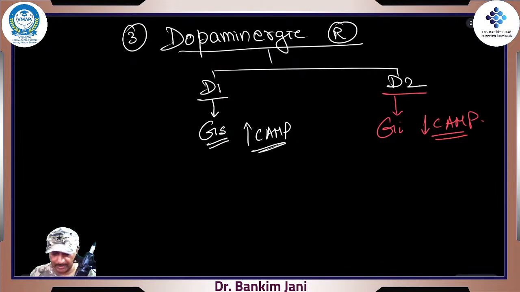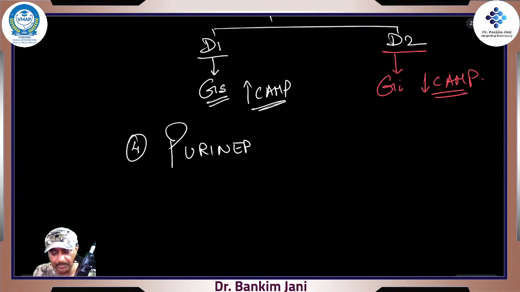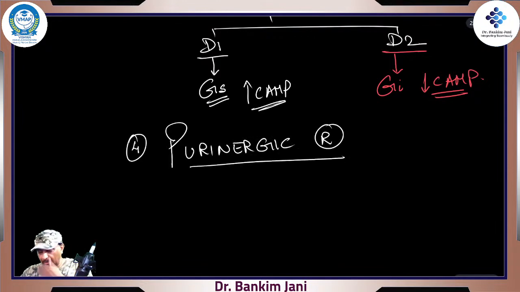And the last one is what is called purinergic receptors, right? These are also called purinoceptors, combining the words. Now we know that there are four major bases: adenosine, guanosine, cytosine, and thymine.